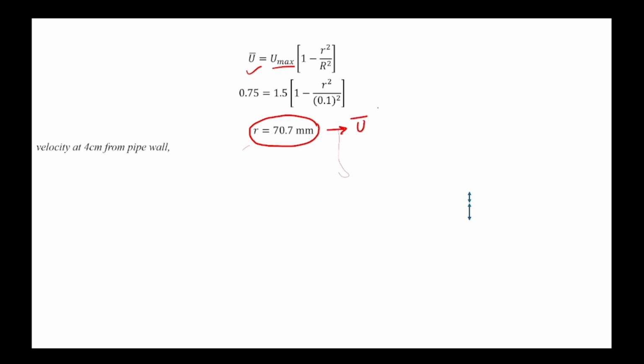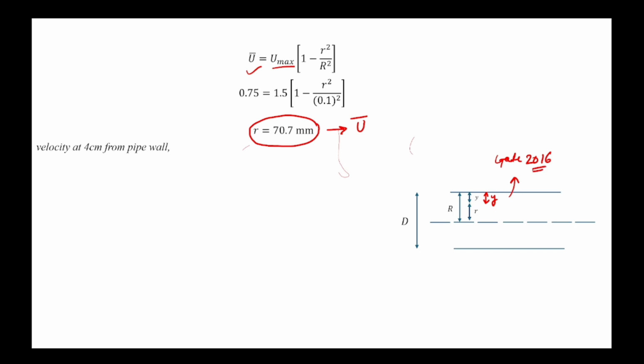Now, velocity at 4 centimeter from the pipe wall. See this figure. This is the diameter, and this is the radius. Always remember the terminology: the distance from the pipe wall we call y. A very good conceptual question from this topic was asked in GATE 2016.